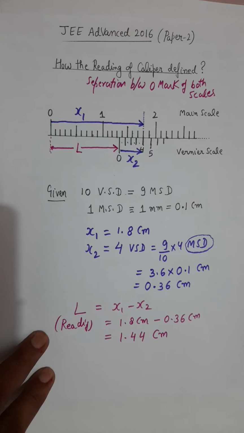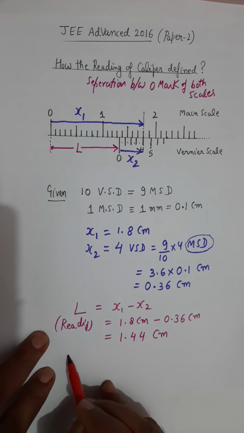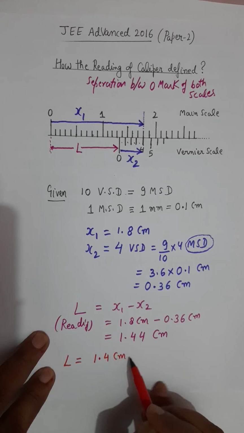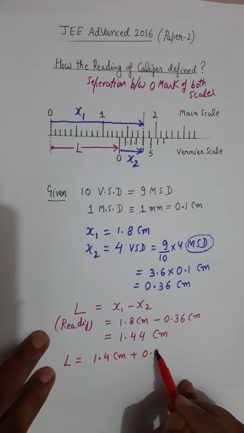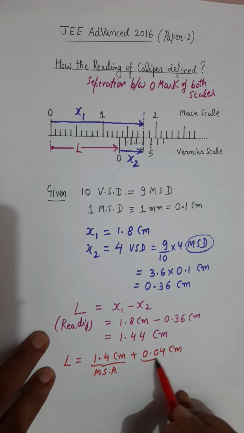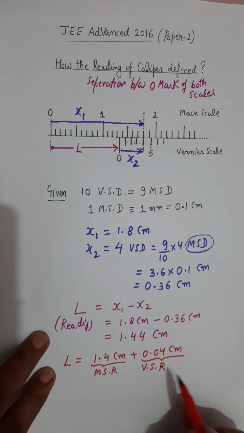Our books or many teachers give a formula where they say L equals 1.4 centimeter plus 0.04 centimeter. They call the first term the main scale reading, and they define the second term as the Vernier scale reading.